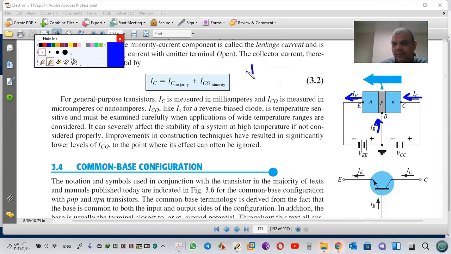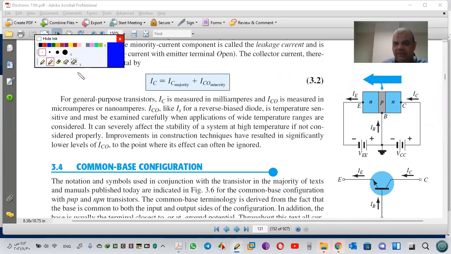With that, IC is positive, and IB equals IE, still correct. Why? Because I need conventional current from positive to negative. Here, why do we flip the arrow here?